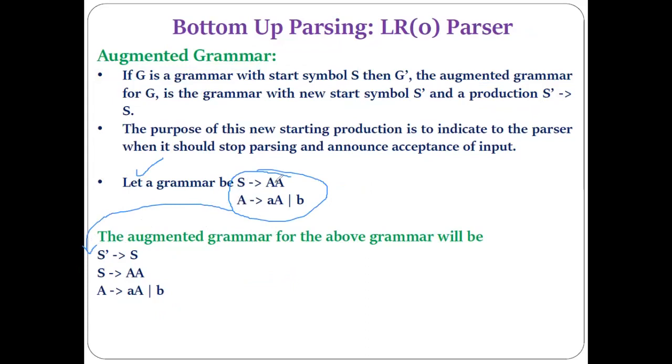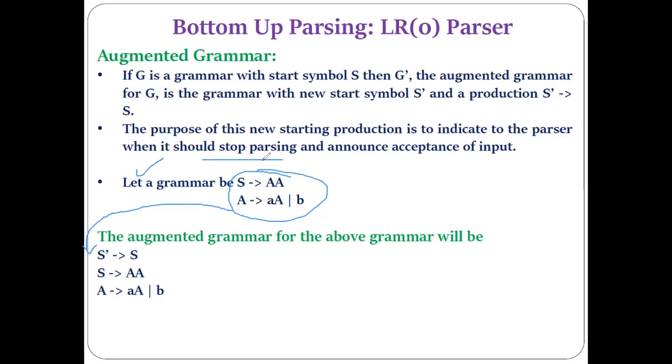Now, why do we require the augmented grammar? That is the question. The main purpose of having this augmented grammar is that it gives the idea to the parser where the parsing should stop.